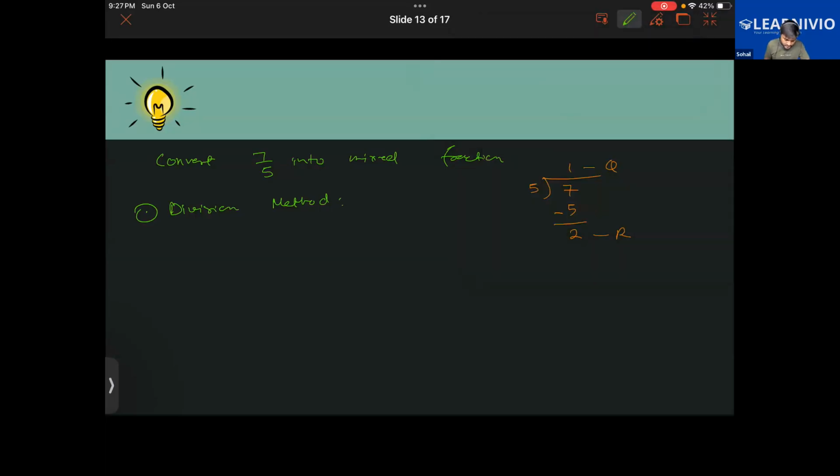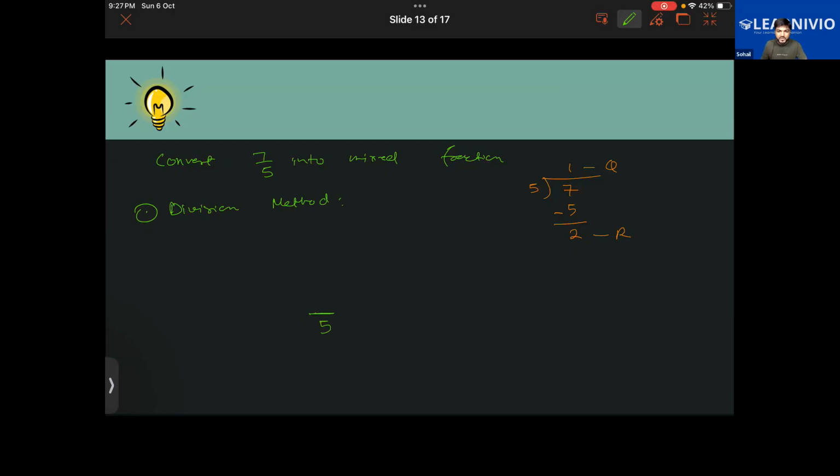Now, what will happen here? Let me tell you. The denominator will always remain the same, as we know. It does not change. Earlier also it was 5, now it will also be 5. The denominator does not change.